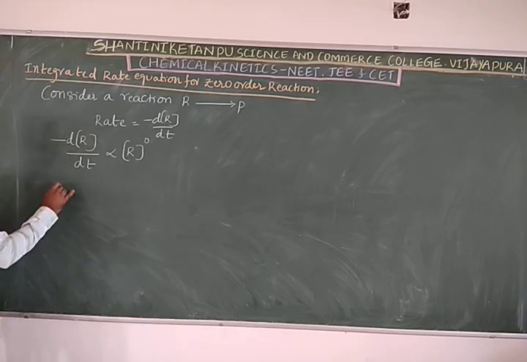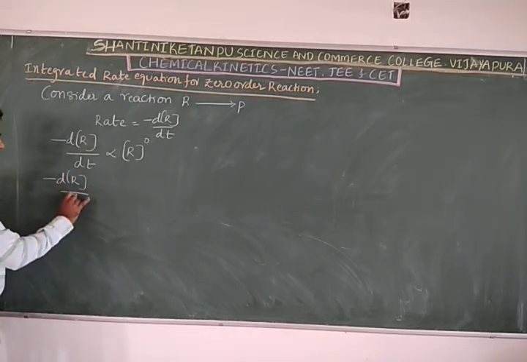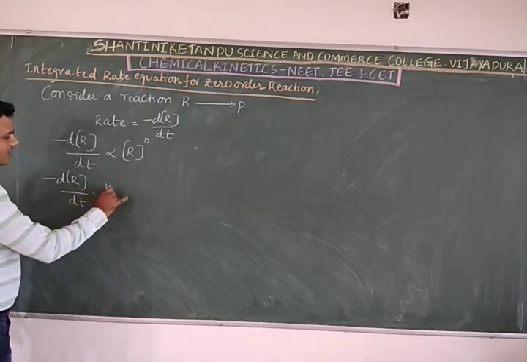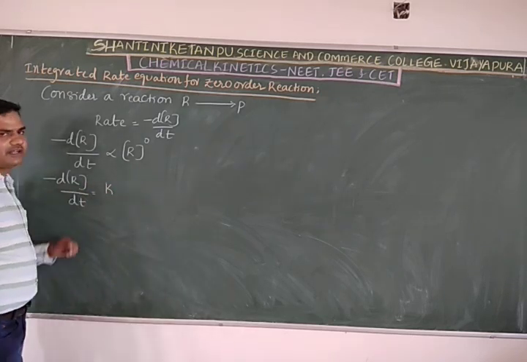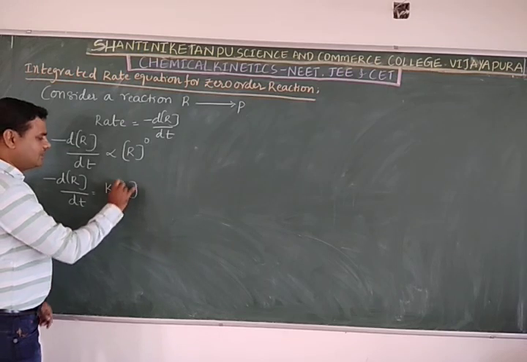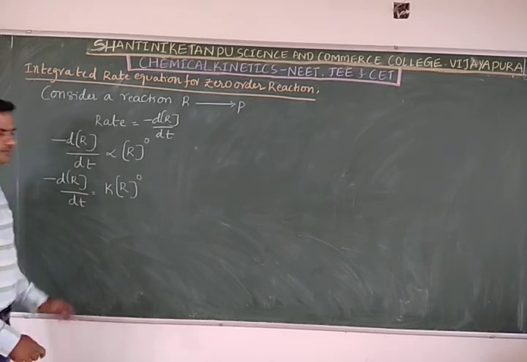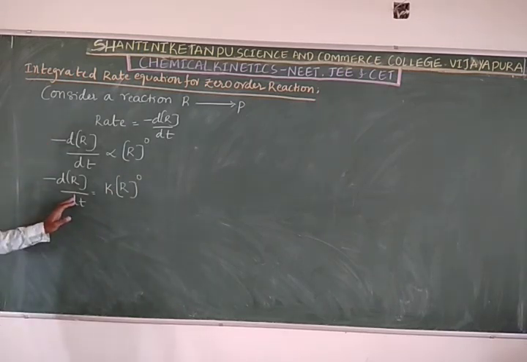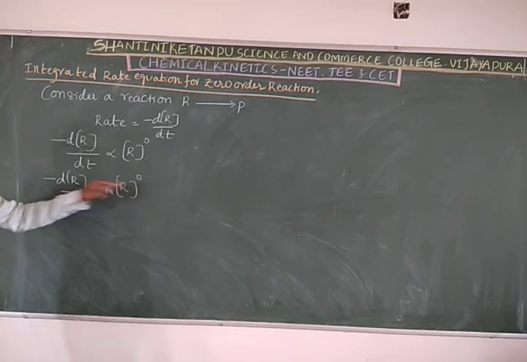Now we can write the equation like this: minus dR by dt is equal to, by taking a constant k, or you can take k naught also, k R to the power 0. Now you see, in this equation something to the power 0 becomes 1.